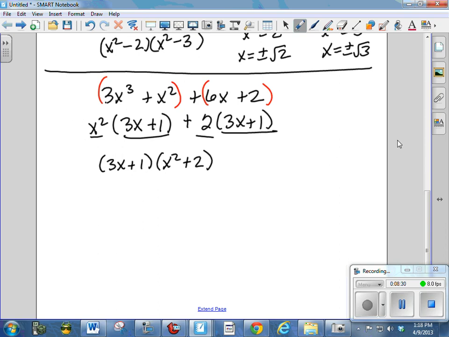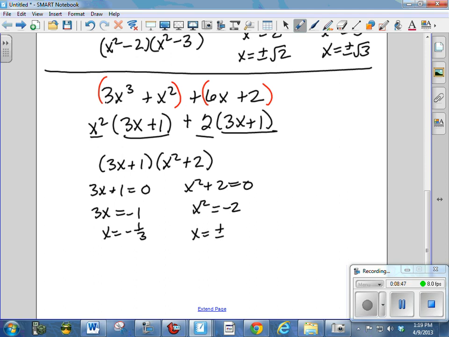So that's the factored form, and then I can set each factor equal to 0 and find the zeros. 3x plus 1 equals 0, so 3x equals -1, x equals -1/3. X squared plus 2 equals 0, so x squared equals -2, so x equals plus or minus the square root of 2i. So this has one real and two imaginary roots.